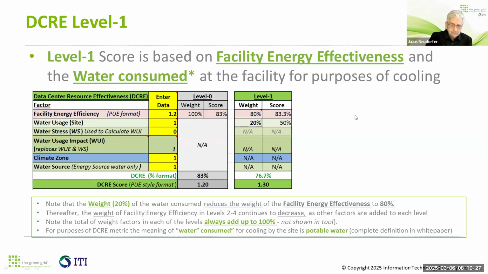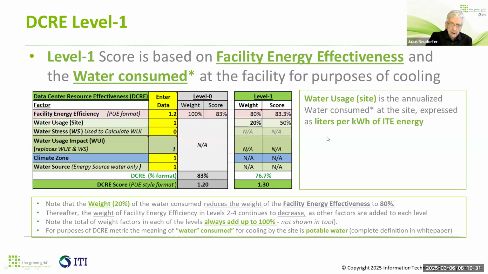In any event, continuing on, we look at the fact that water usage is straightforward. It's liters per kilowatt hour by T energy. And the factors we have brought into here range from 0 to 2 with an assigned weight of 20%. So if you start reducing this right now, this is a static shot.